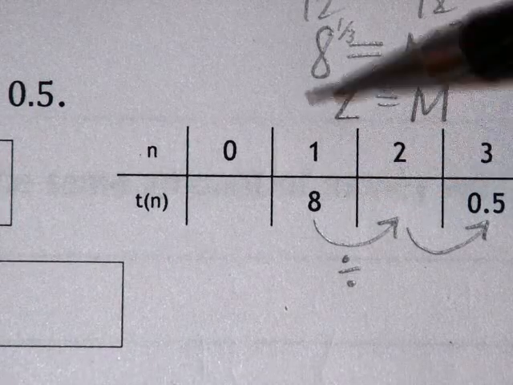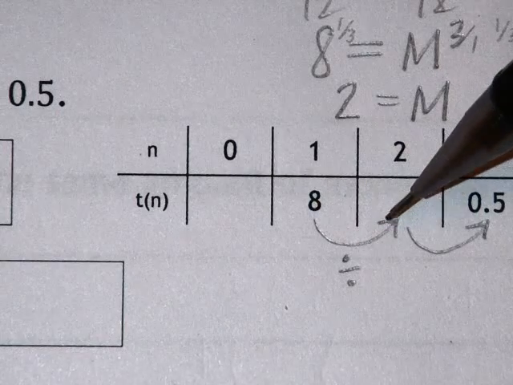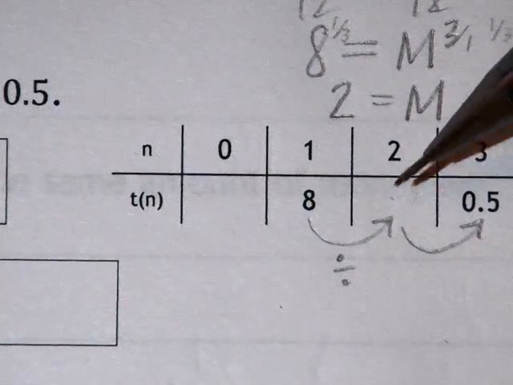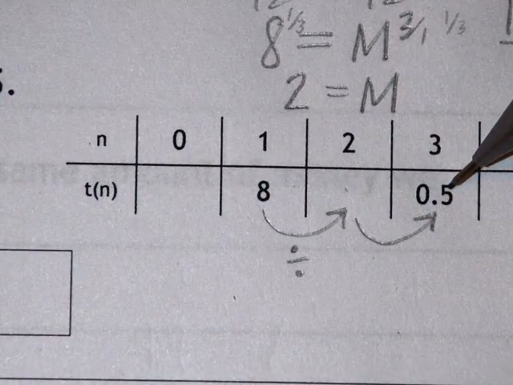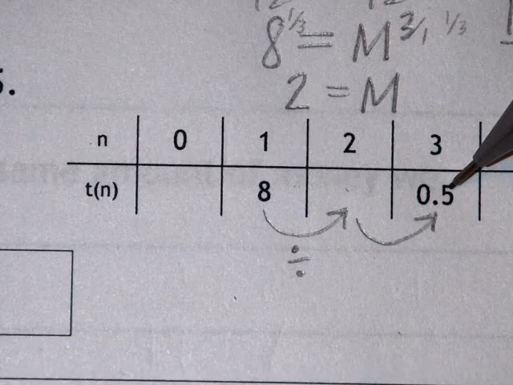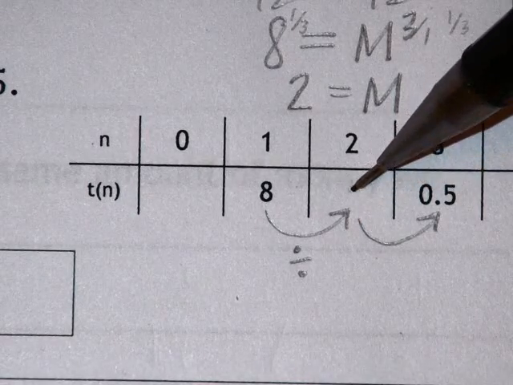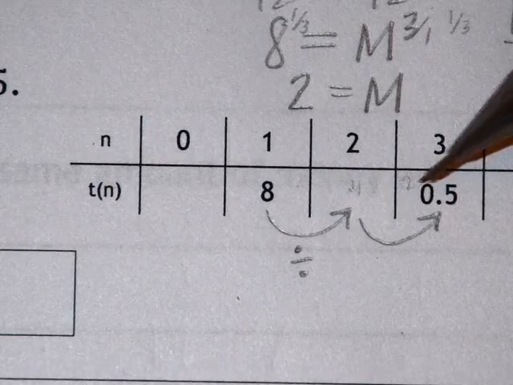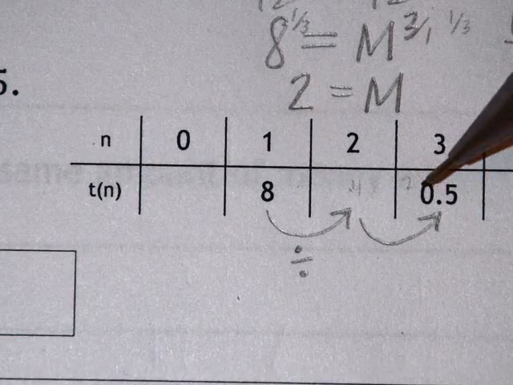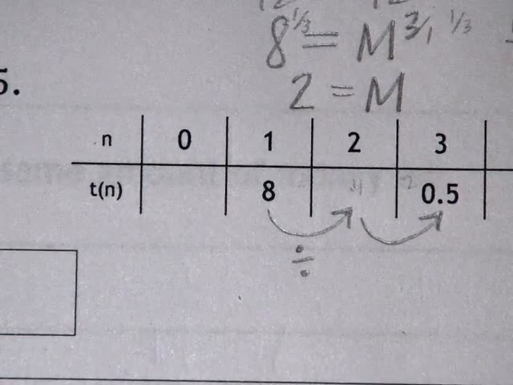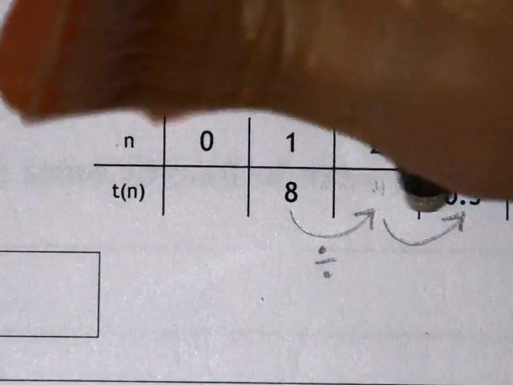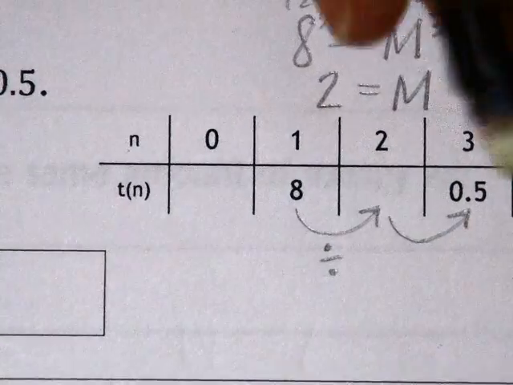Let's try dividing by 2. 8 divided by 2 would be 4. 4 divided by 2 would be 2. That's not going to work, because dividing by 2 and dividing by 2 isn't going to be enough divisions to get me down to a 0.5. So dividing by 2 won't work, but I like where we're going with this, so let's try another possibility.